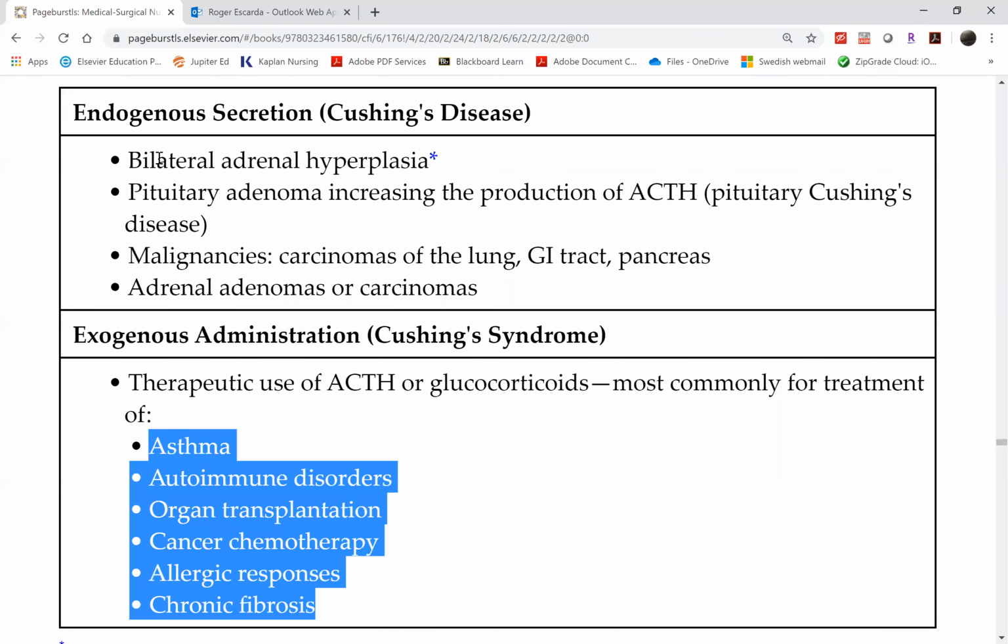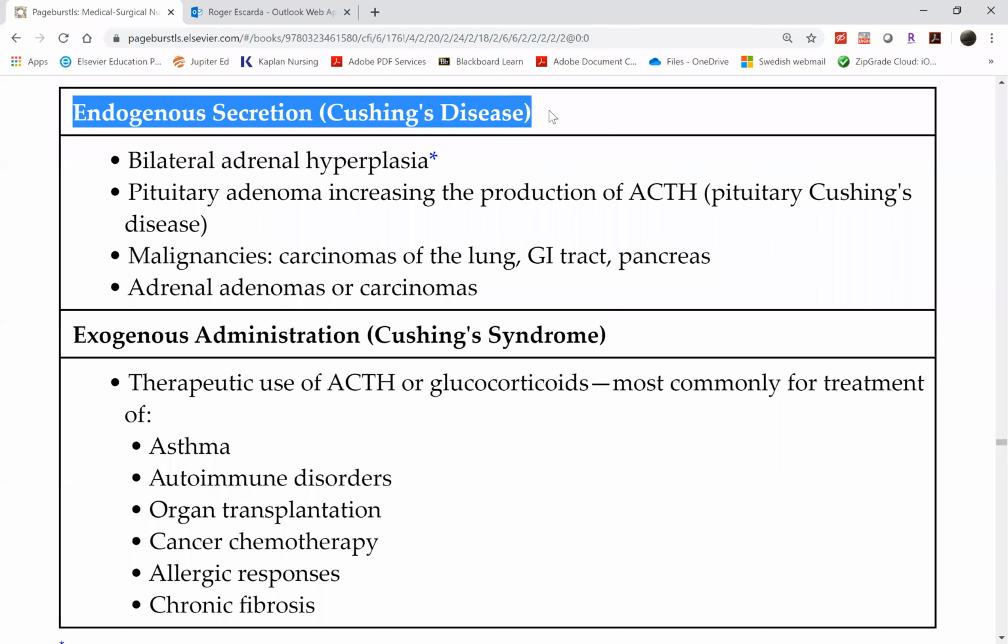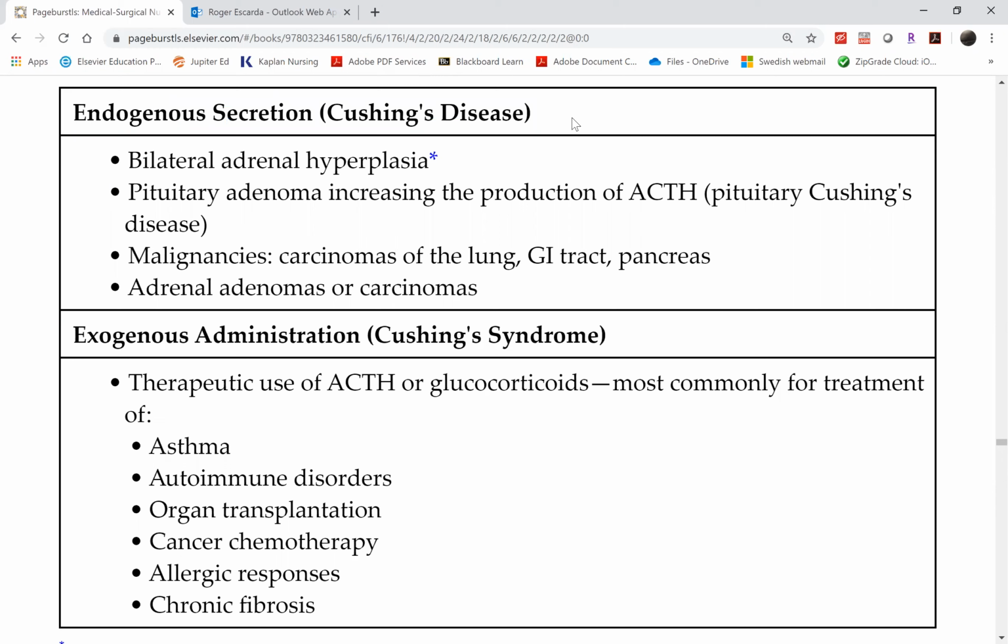Again, the main difference here is Cushing's disease. This one we can cure. The problem is the cure. After we cure it, the patient becomes Addison's. However, in Cushing syndrome, there's really no way out of this, because remember, when this patient decides to treat Cushing's disease, now they're in Addison's, right?